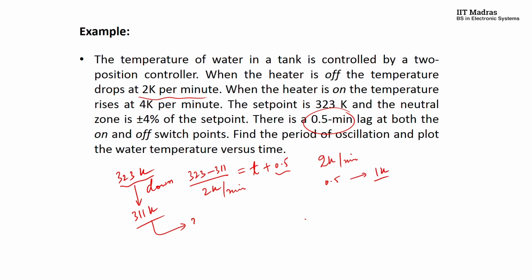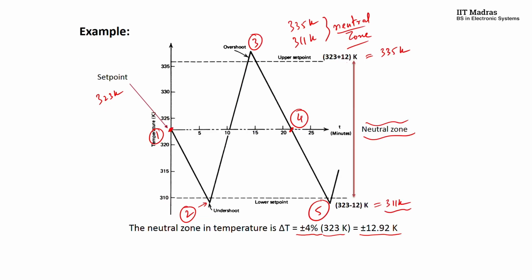That means here you will have 310 Kelvin. So the lower limit after the delay is 310 Kelvin.